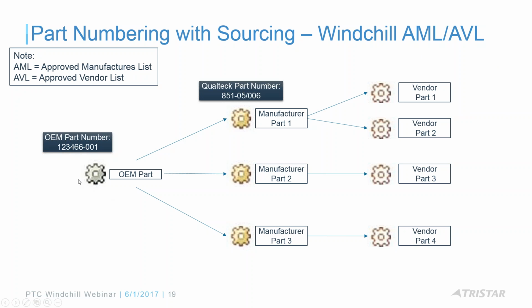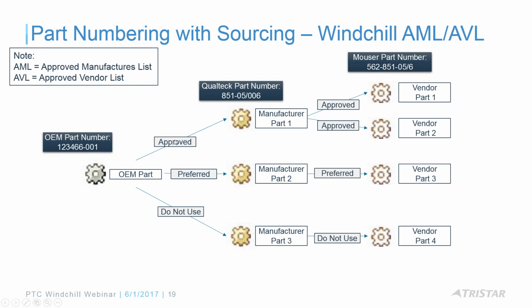These are usually for purchased parts or buy parts. But in this case, I can specify which part number I'm sourcing for this internal part number. So I may be buying this from a vendor, and I might have different vendors for that single manufacturer part.